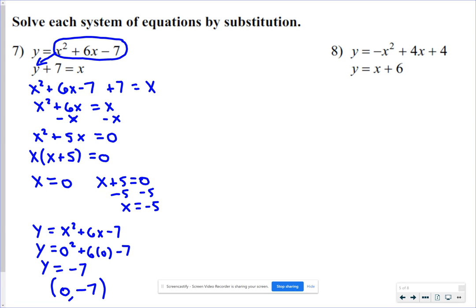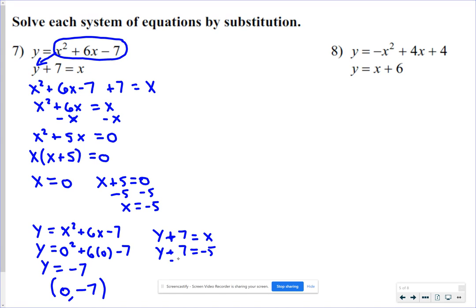Let's find the other one. I can either substitute the negative 5 into the first equation or the second. It really doesn't matter. If I want to plug it into the second equation because it looks easier, I think it does look easier, I'm going to plug it in there. So I'm going to use this one and plug in the negative 5. Oops, who am I plugging the negative 5 in for? I'm supposed to be plugging it in for the x, right? Y plus 7 equals negative 5.